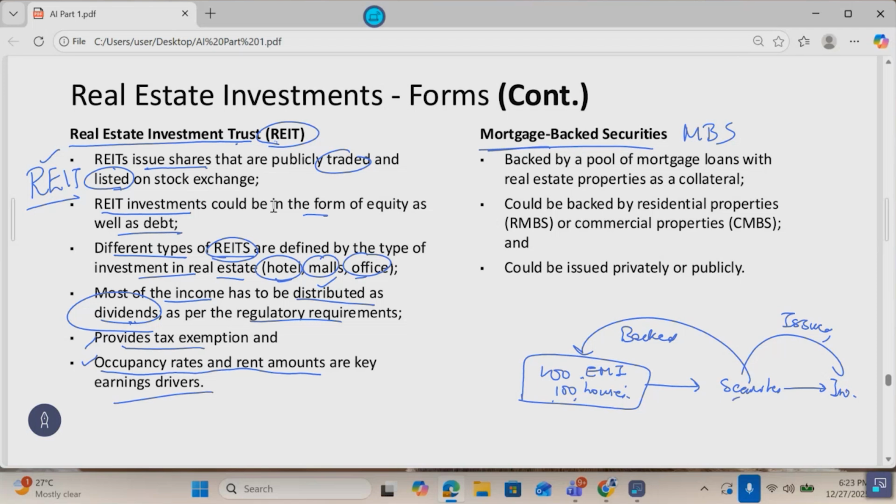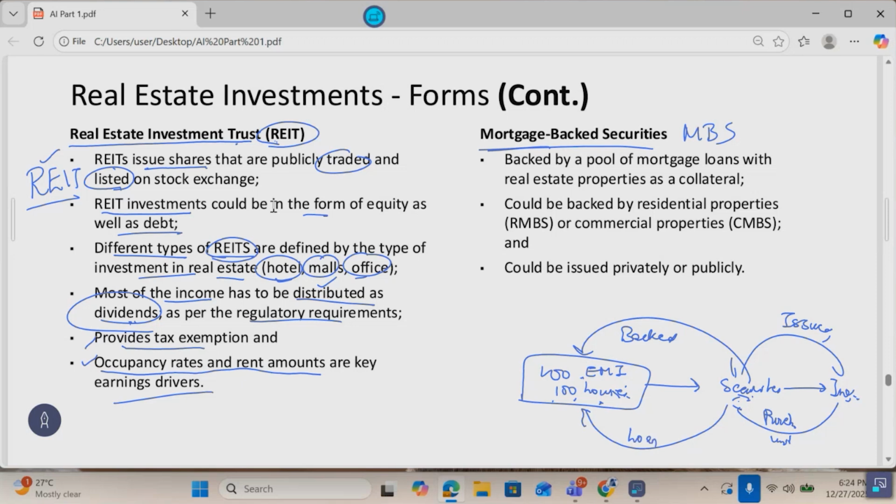The investors are glad because they have the backing of the physical house. And this security will earn EMI from them and pay it to the investors. Got it? The securities will transfer the earnings to the investor because the investors have purchased units in these securities, and this security has given a loan to these people.